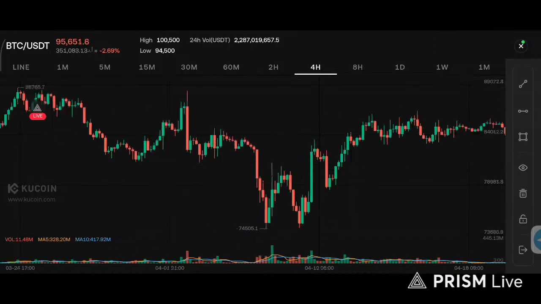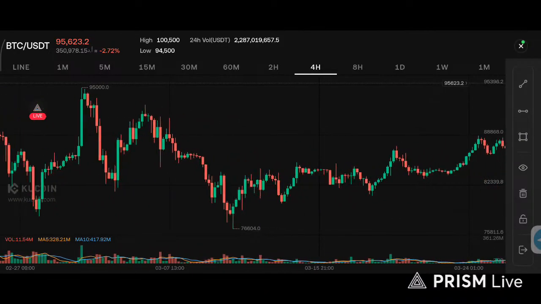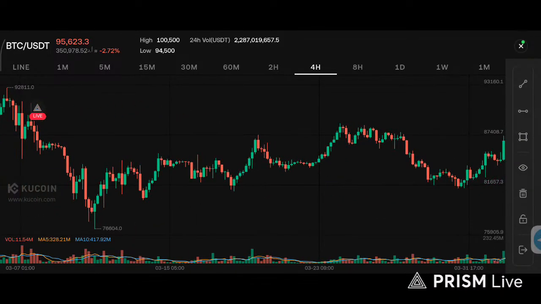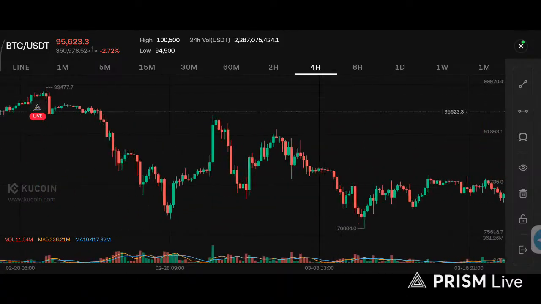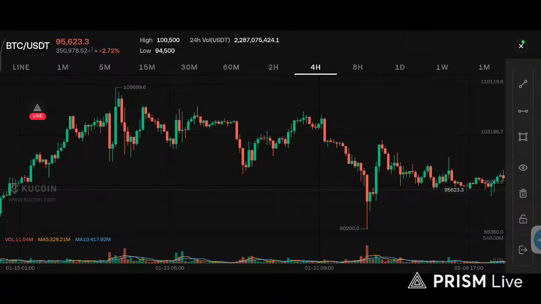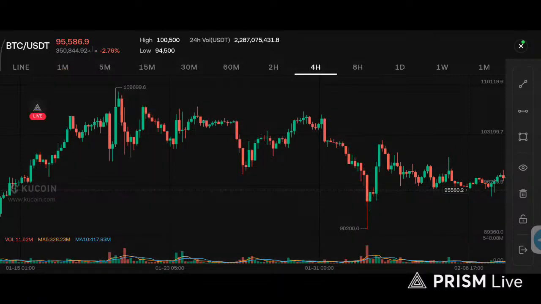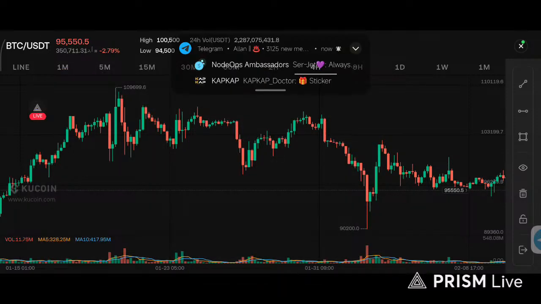A ranging market is where the market is trading in an area of consolidation. You don't know the trend of the market, it is in an indecision state. You don't really know where it's going.